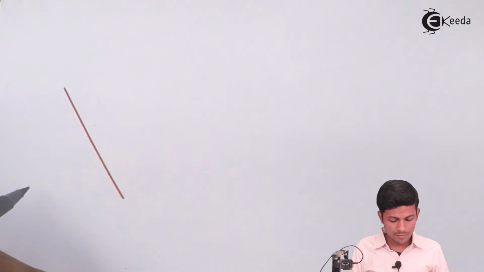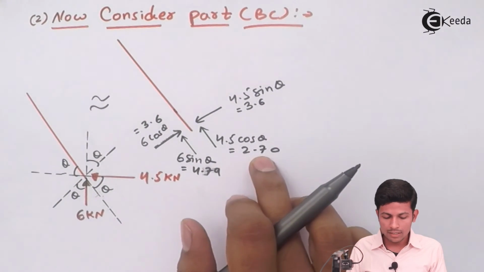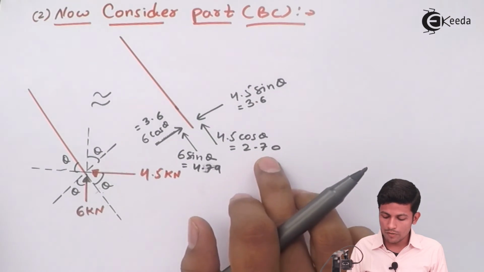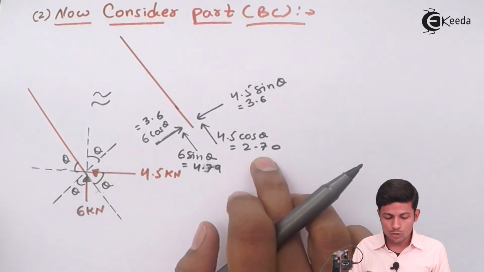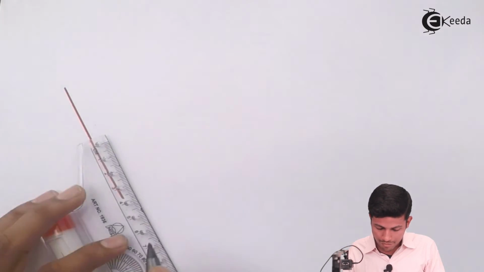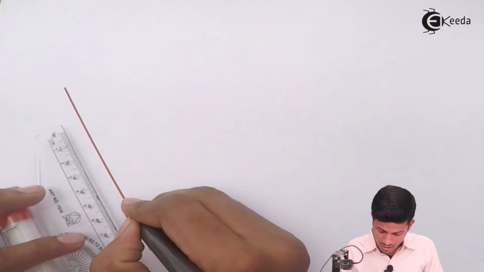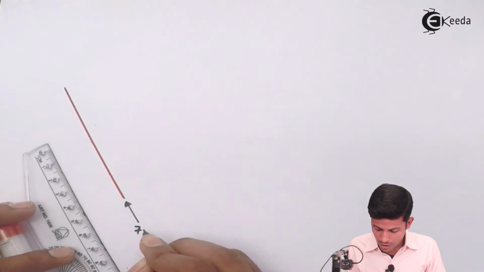This will go 4.79 plus 2.70, it will come 7.5. So 7.5 comes over here. This is our 7.5.